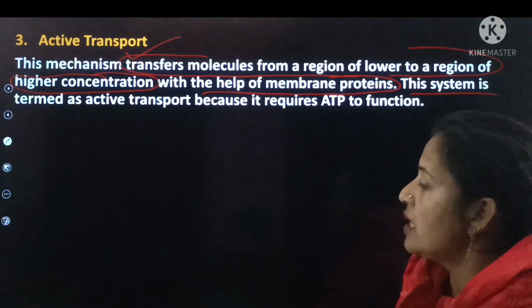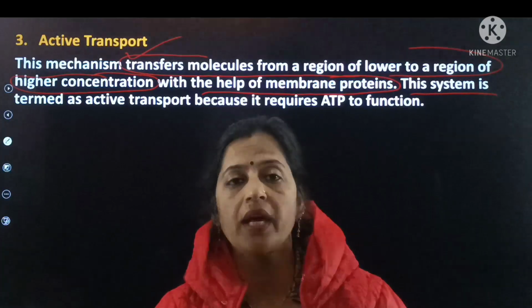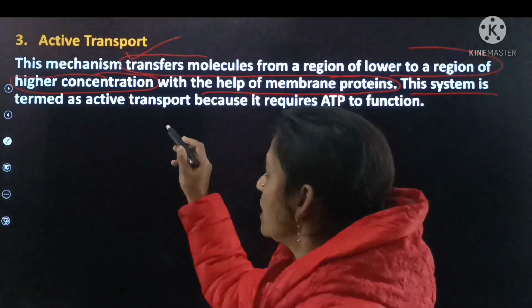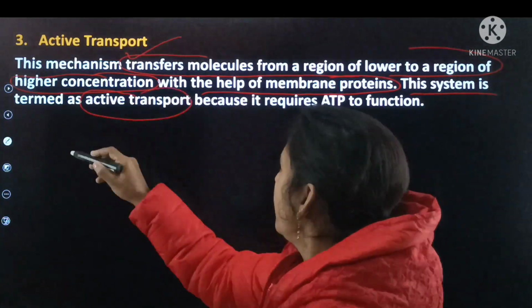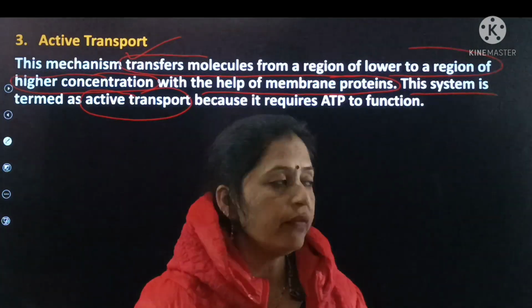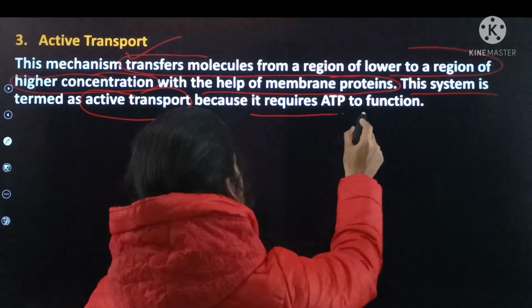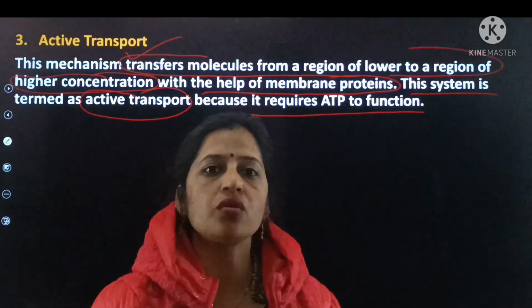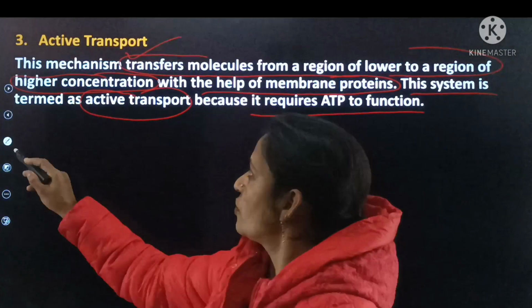This term is known as active transport, not passive transport, because it requires ATP to function. So this is known as active transport.